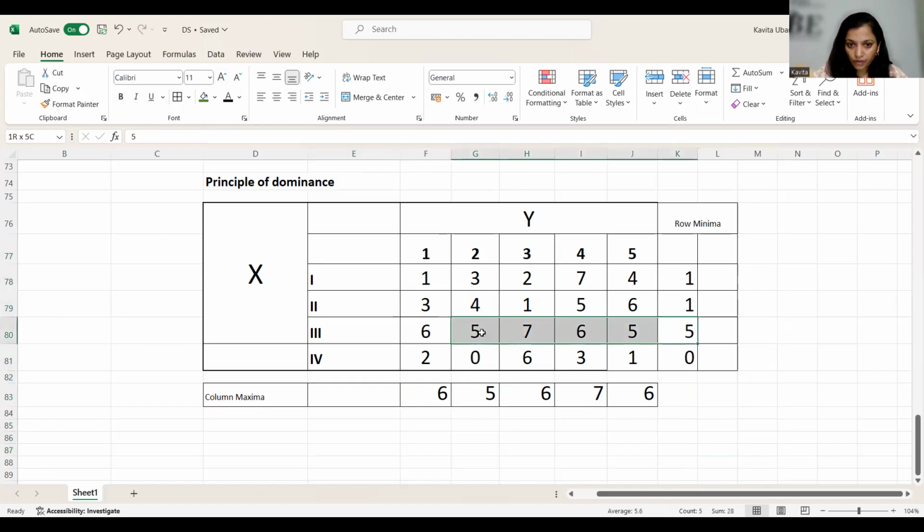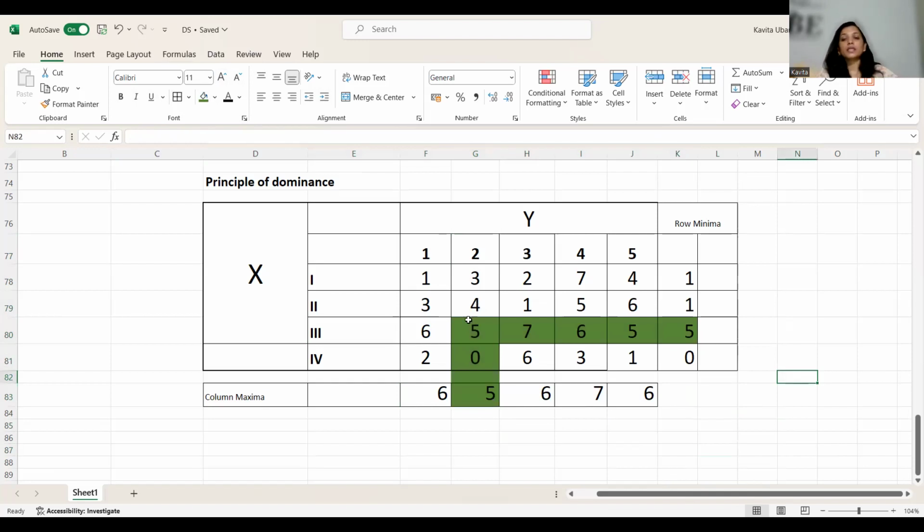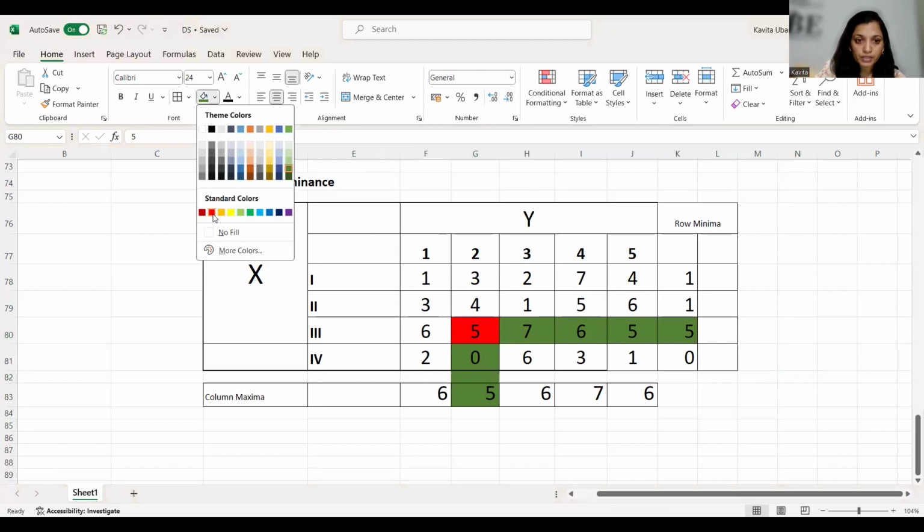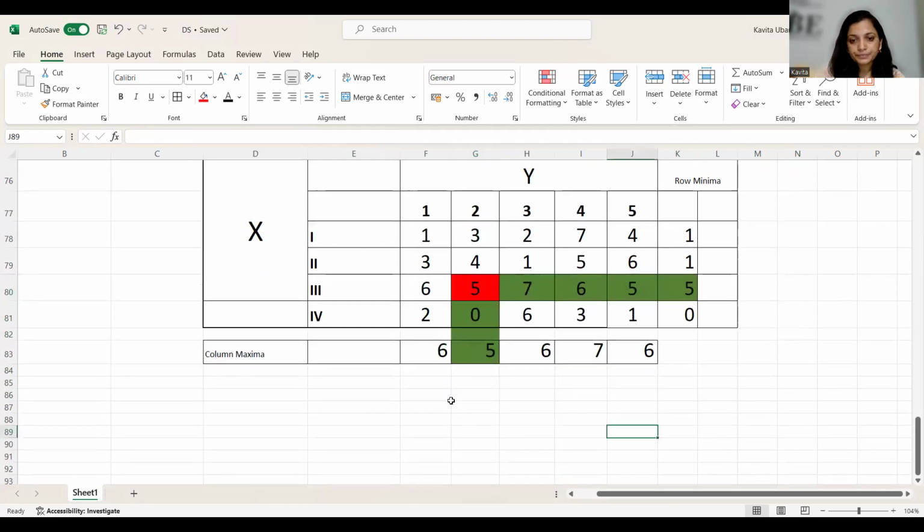This is the same value we got in a column and a row, maxima and minima respectively. So the intersection point of the same values, that 5, is your saddle point.